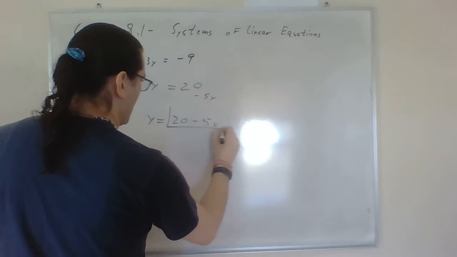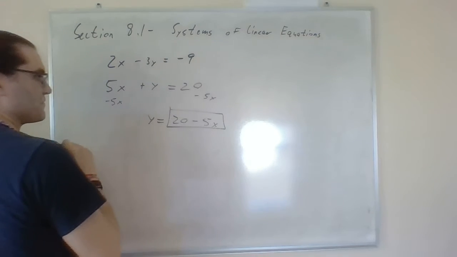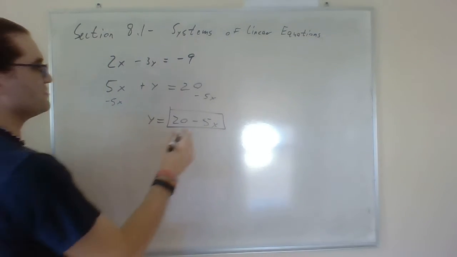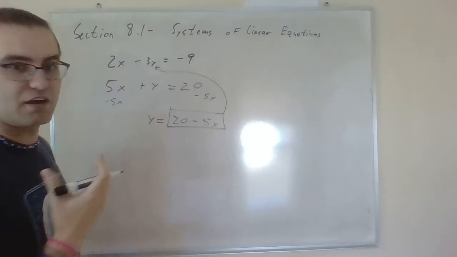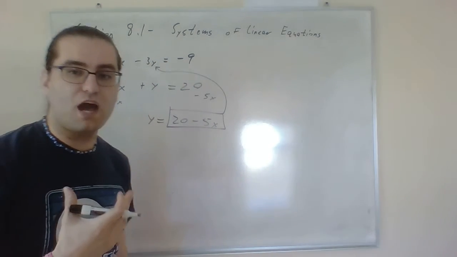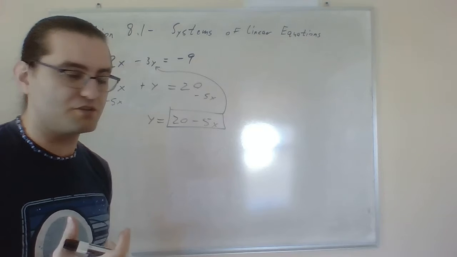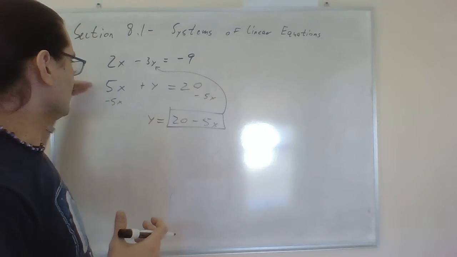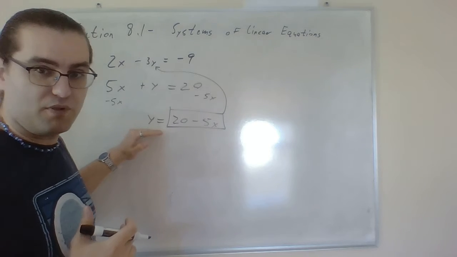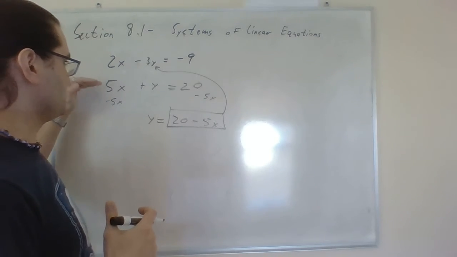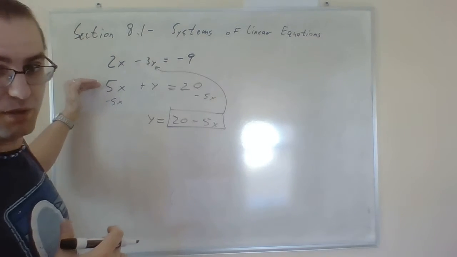Now that this y is by itself, I can substitute it into the other equation. You have to be careful when you do this. One of the common mistakes students make when substituting is they'll use an equation to isolate a variable, and then they'll plug that variable back into the same equation, and that won't help you.